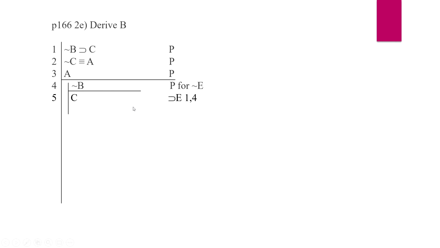We have not c in premise 2, which we can get through biconditional elimination with a, which is premise 3, and that biconditional on premise 2. So this one's really quick. If you did this problem on your own, you might have reiterated both the biconditional from line 2 and a from line 3 inside this subderivation. That is perfectly okay and a good idea as you're first beginning to work these problems.